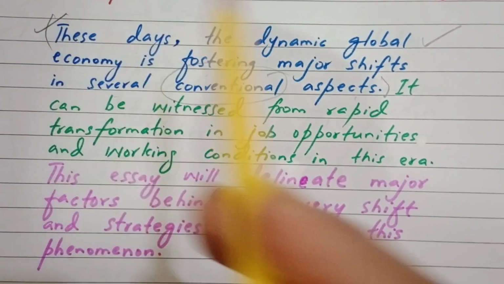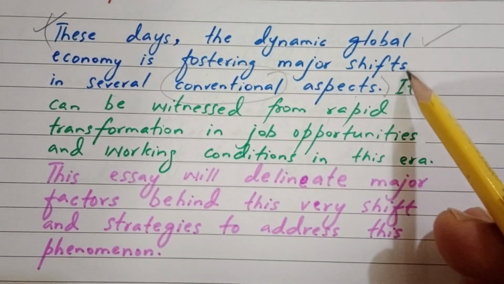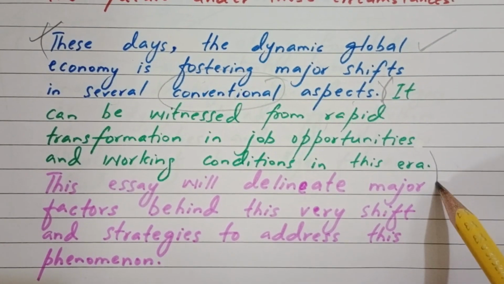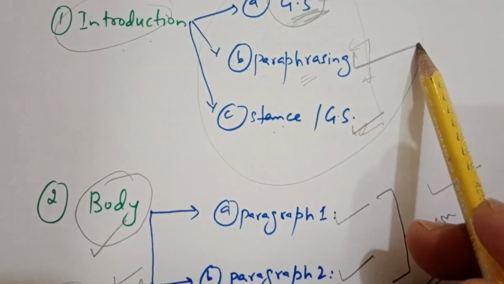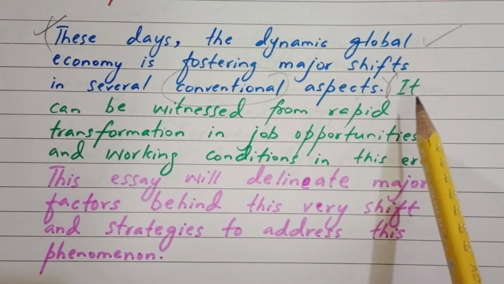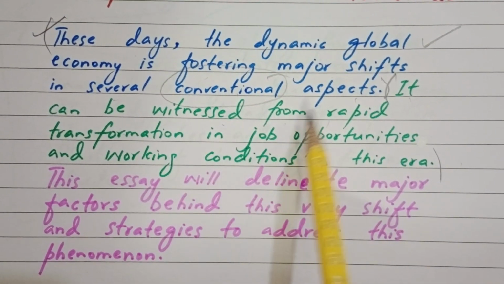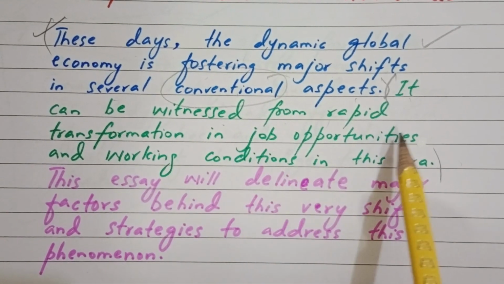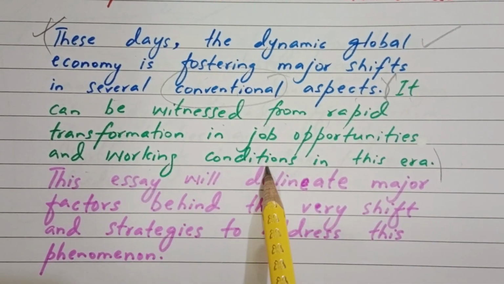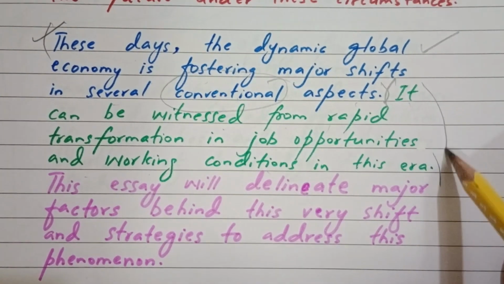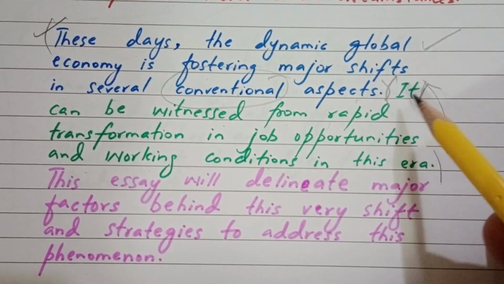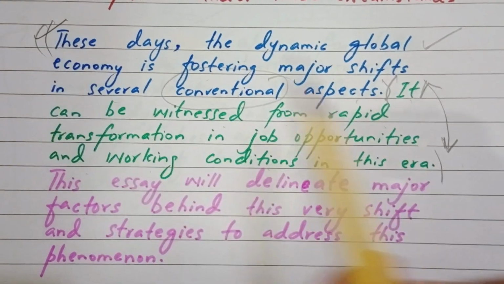So this is the general statement. The writing in the green ink is the paraphrased version of the statements. Let's read it. It can be witnessed from rapid transformation in job opportunities and working conditions in this era. So, this statement, the paraphrased version, basically supports the general statement.